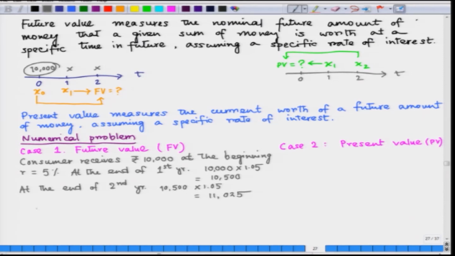So, simply if this continues, then we can add on more years or time periods. So, say for time period 3, he or she will receive, right, and the amount will be.